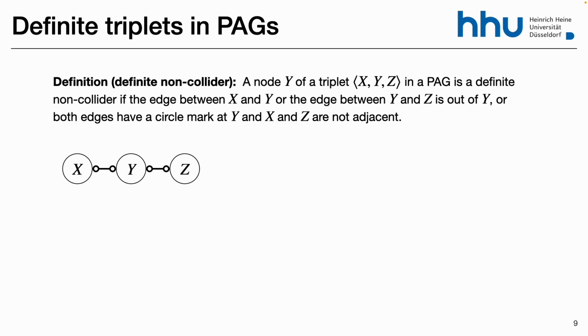In an unshielded triplet, you are certain that the variable in the middle, even though it is circle, circle into Y, is a non-collider in this triplet. It cannot be a collider. So when there is circle, circle, that's a definite non-collider. Y is a definite non-collider in this triplet.